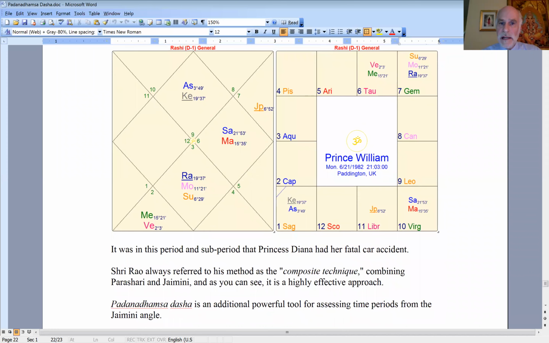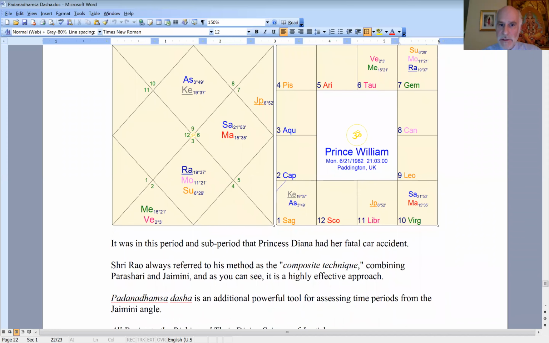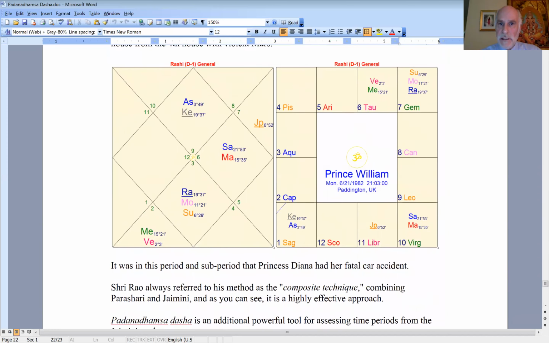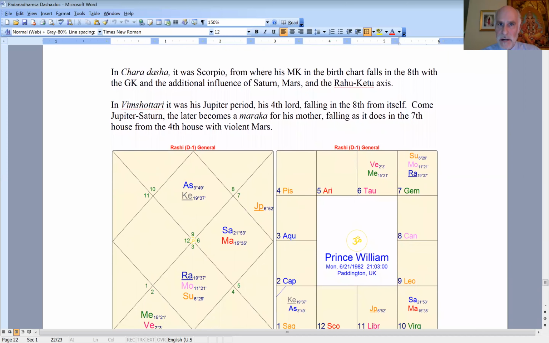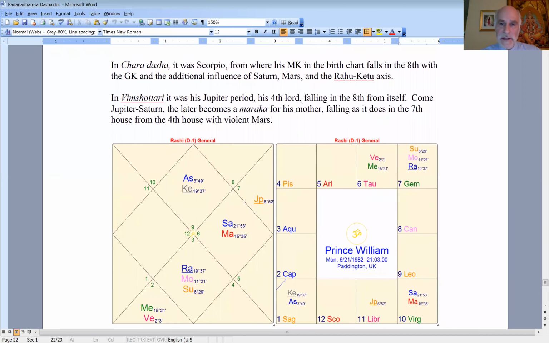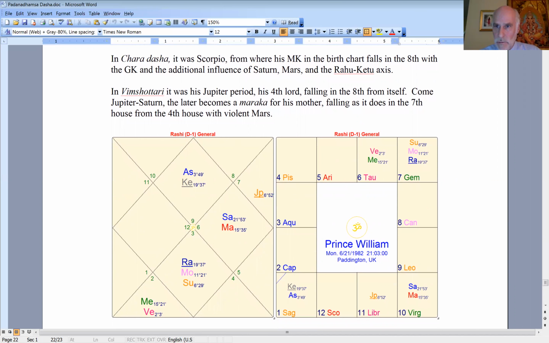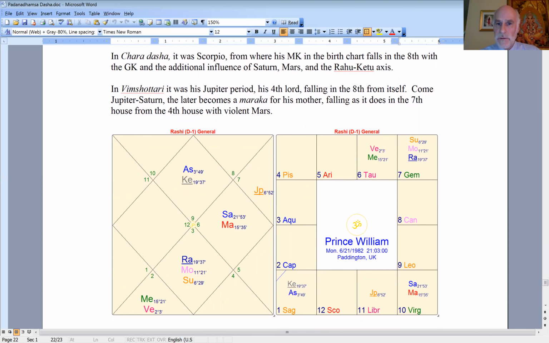But if you then apply Chara Dasha to his chart, then you would know that it was in his Scorpio major period in Chara Dasha that this event happened. And then if you apply that, we're using Chara here now in the birth chart. If you put your finger on Scorpio, make Scorpio a Lagna, well, you can see now again the moon, which was both the natural significator of mother and also his MK, it falls in the 8th house from there.